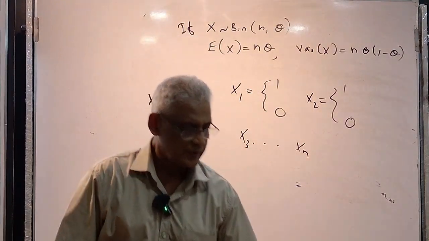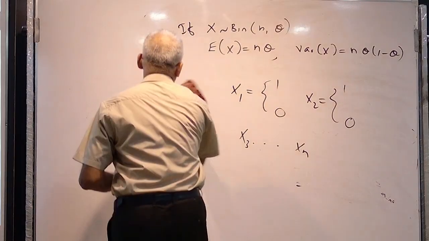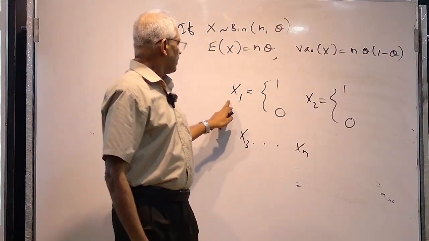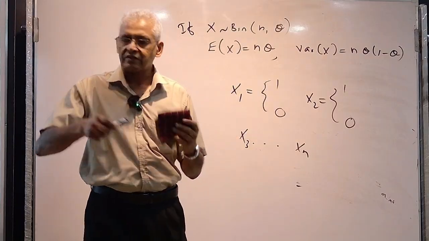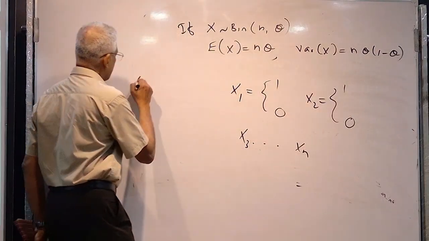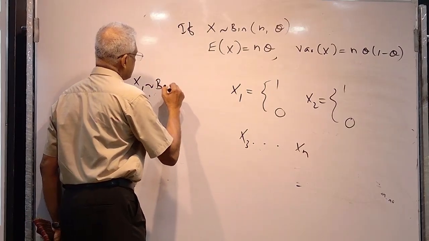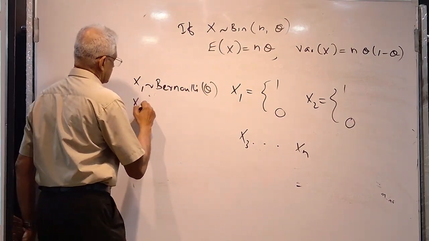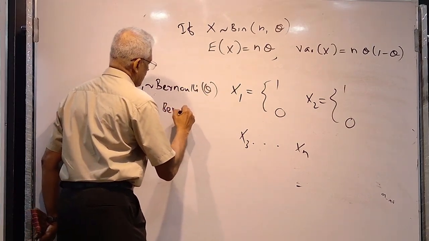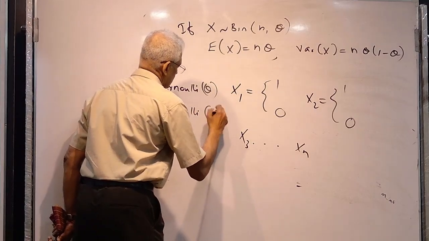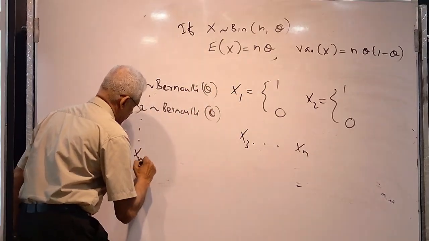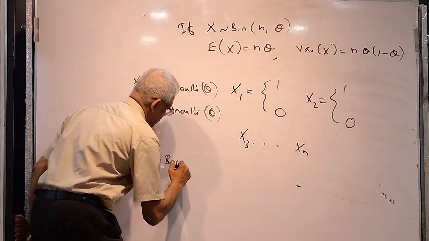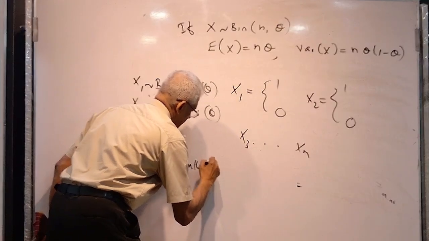Now, let us look at, so what is the distribution of x1? Suppose the probability of a success is theta. So, x1 will have a Bernoulli theta distribution. x2 will have again a Bernoulli theta distribution, like that, up to xn also will have a Bernoulli theta distribution.